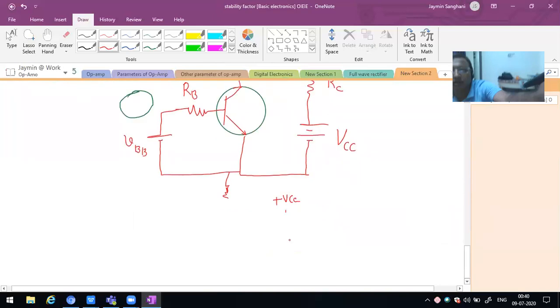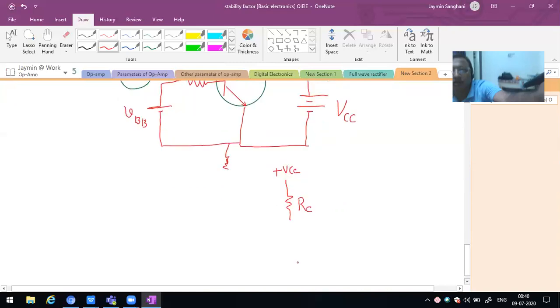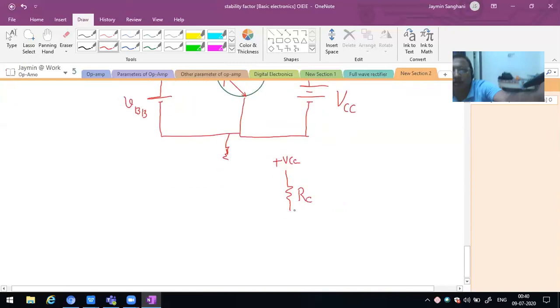Here I have sketched the transistor, and here I have connected it with ground. Here I have connected the RB resistor, with base current IB. Here the current flowing is IC.